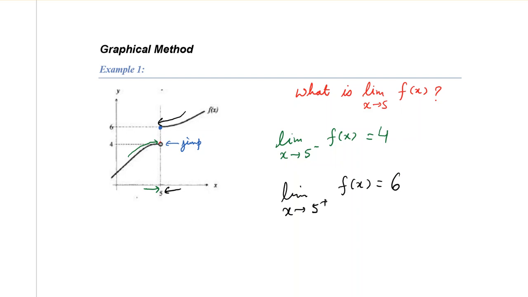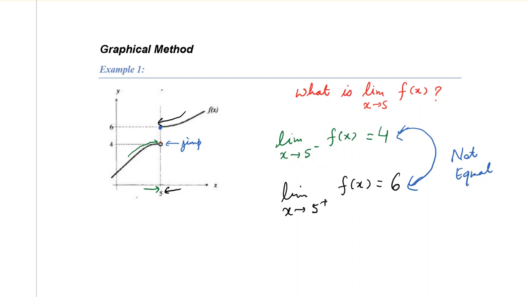In this case, although the one-sided limits exist and we have a finite value for both, the values 4 and 6 are not equal.